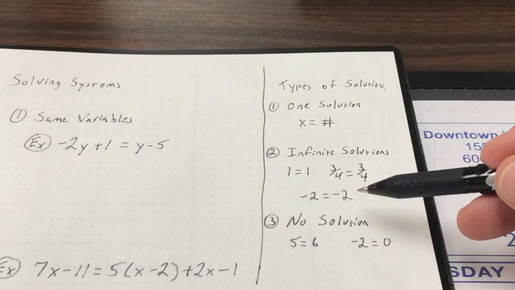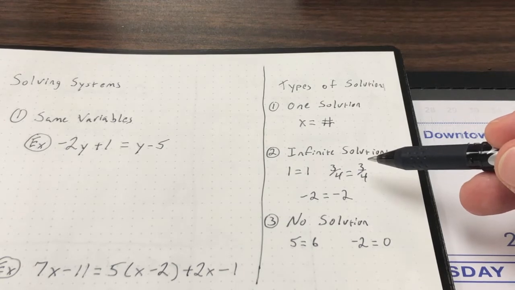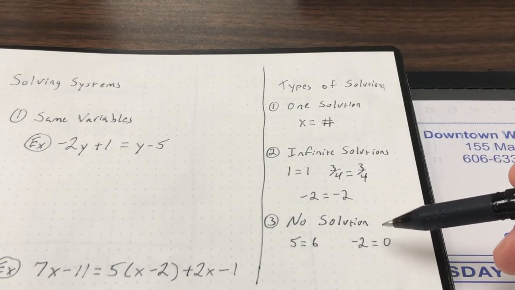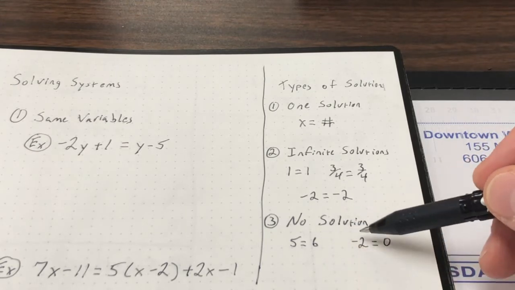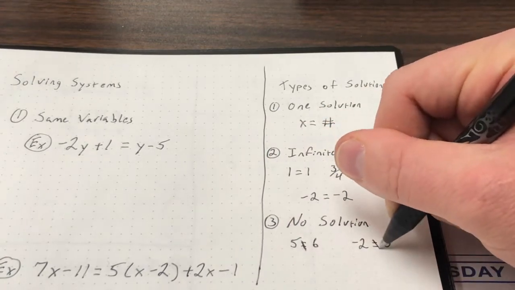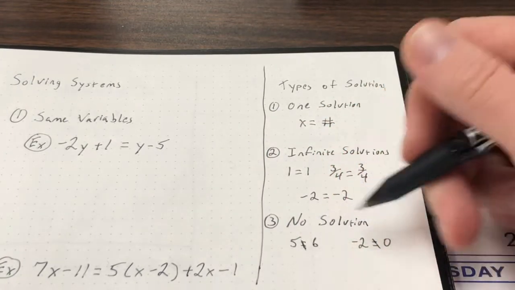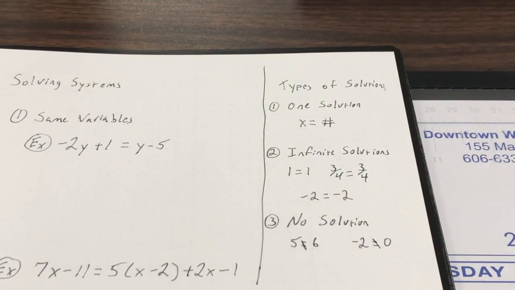All of those are true statements, so any number you plugged in for a variable would work out. And then you also have no solution. That would be when you get down to 5 equals 6, -2 equals 0. Neither one of those is a true statement, because 5 doesn't equal 6 and -2 doesn't equal 0. So that's kind of what you're looking at.